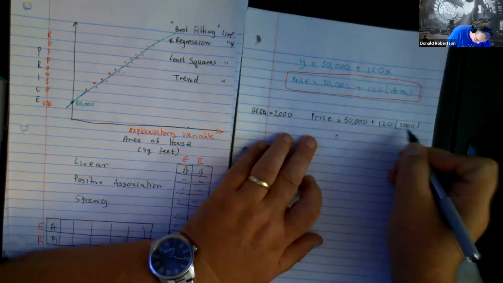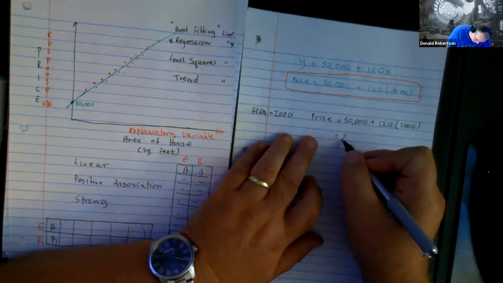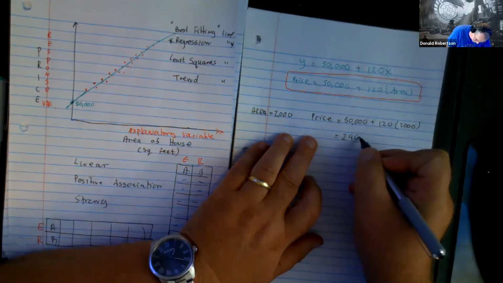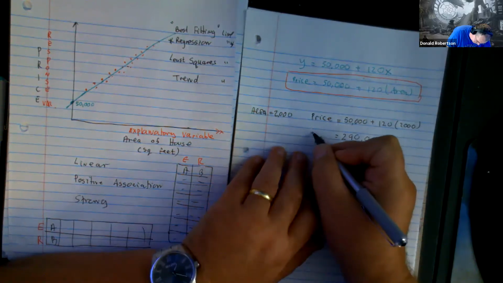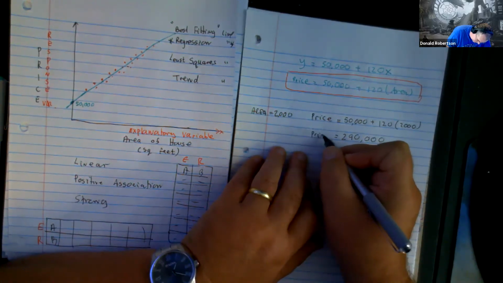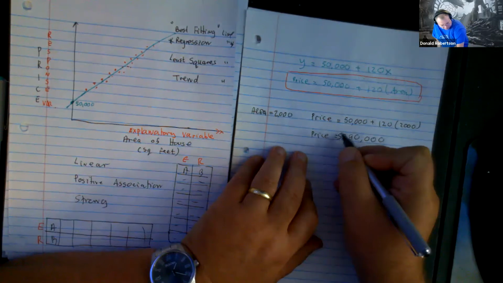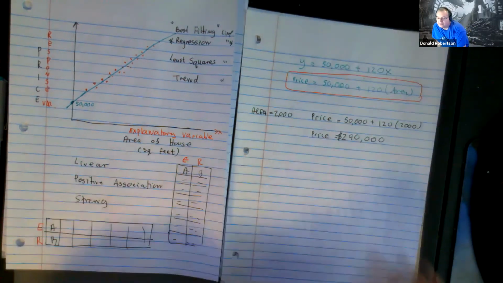It's 240. And it comes out that you probably will be able to sell that house for 290,000.